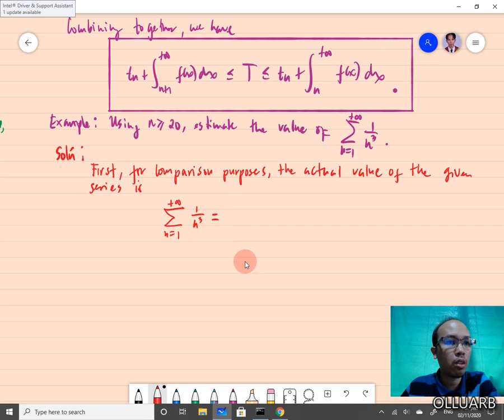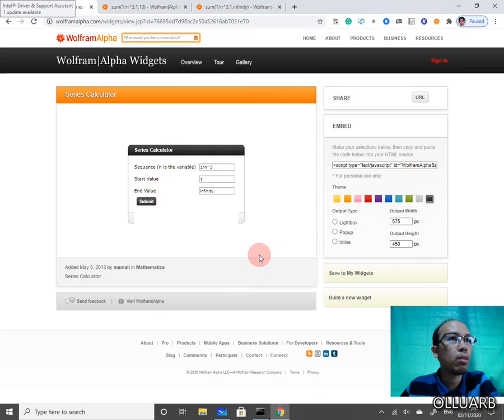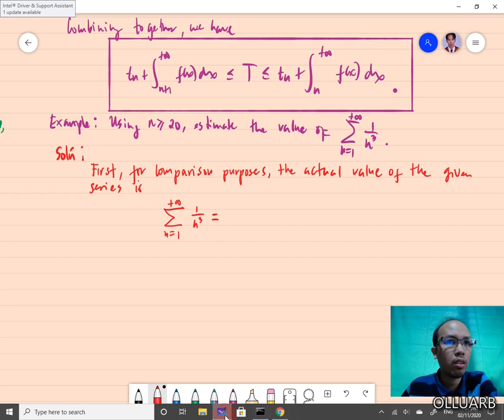What we do is to use a program, or a website. As you notice here, I use Wolfram Alpha to get the actual value, or the exact value of the series 1 over n cubed, where n starts from 1 to positive infinity.